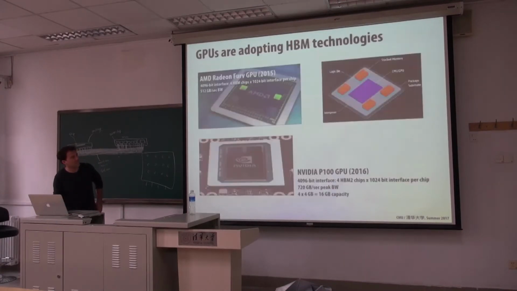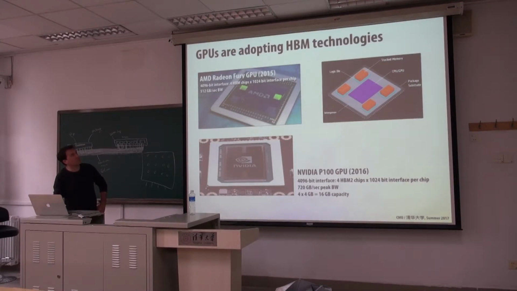So if we look at these designs, here's kind of what they look like, and they're all pretty new. In 2015, AMD built a graphics processor with a 4096-bit memory interface. So it's a 512-byte memory interface.